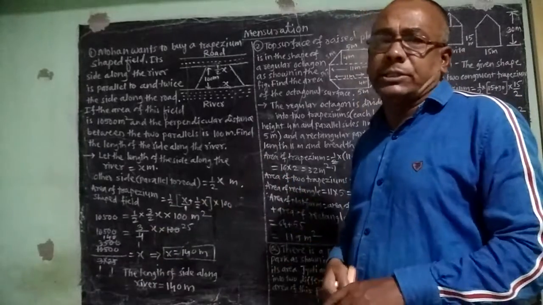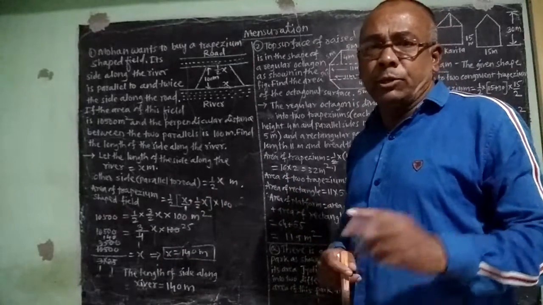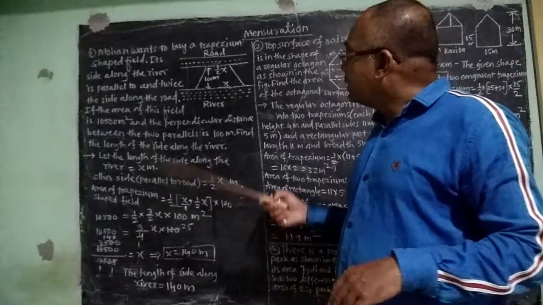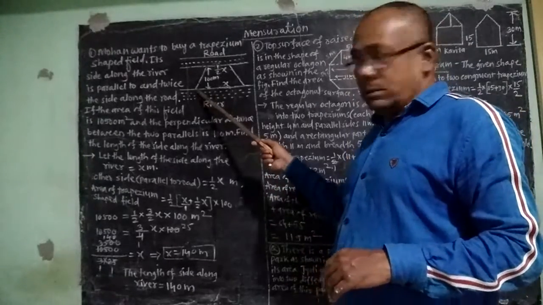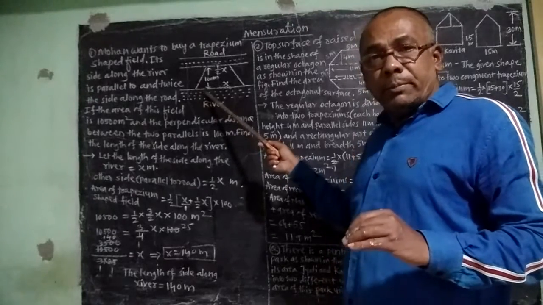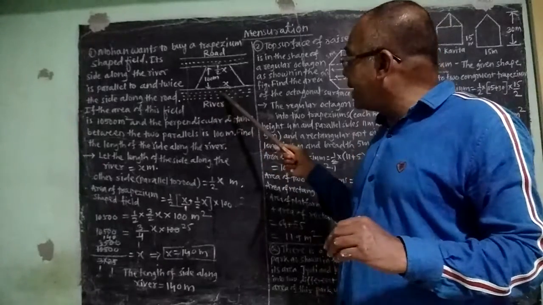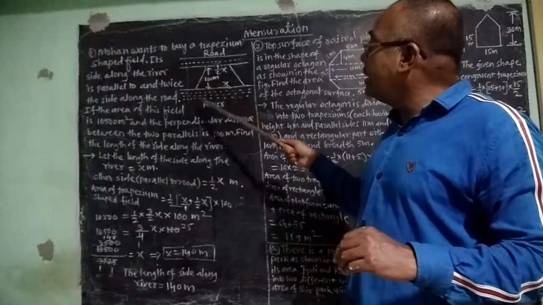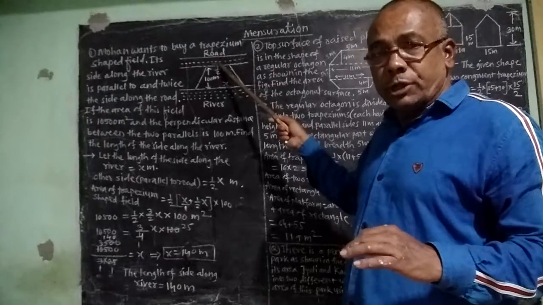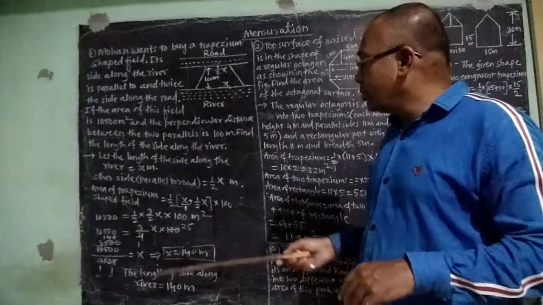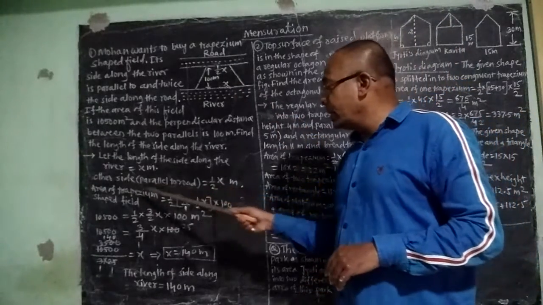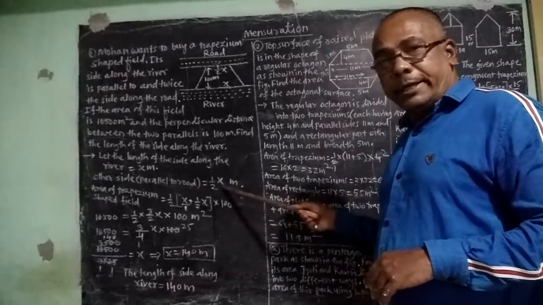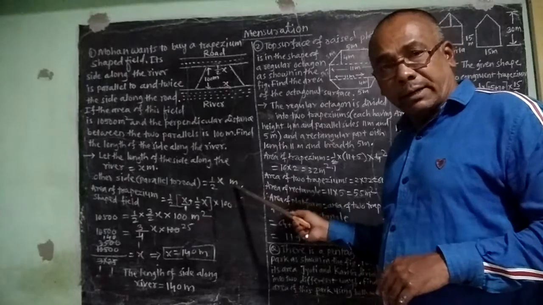We don't know both the parallel sides, so let one parallel side be x meter and the other side, along the road, is half of x, means 1/2 x meter.